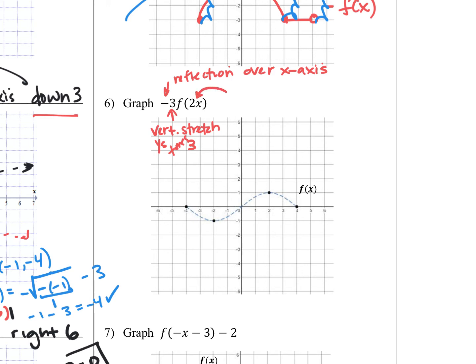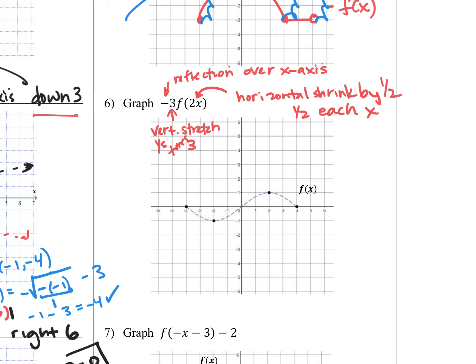And we have this 2 inside that's doubling up every input we put in. That means all of our x's can be half their size. So it's a horizontal shrink by half, or we could say half each x.